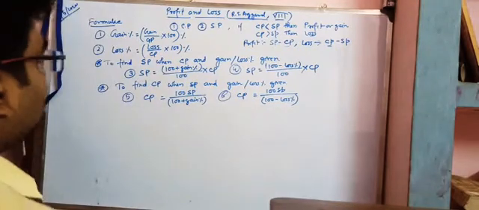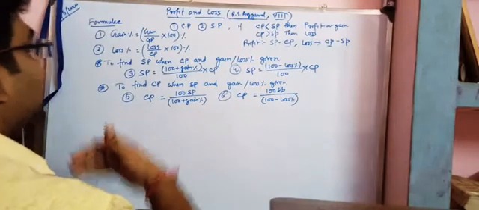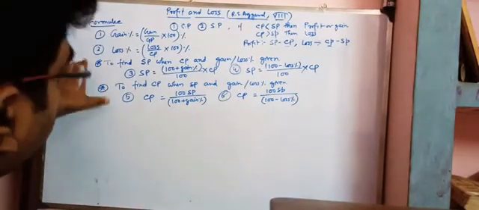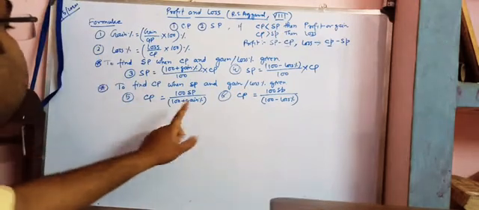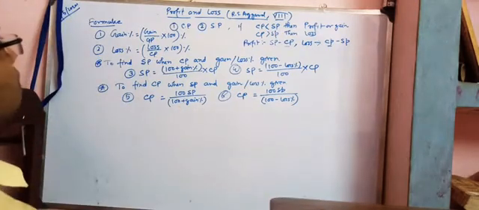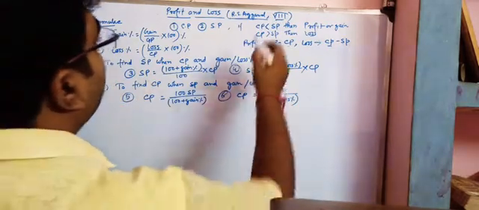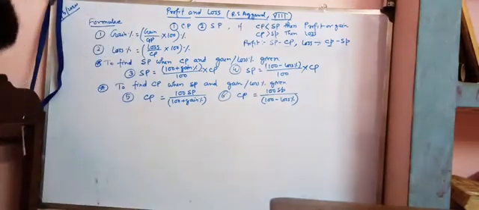That is also possible, but the math would be too lengthy in that process. So I suggest you remember these six formulas, so that you can better understand the chapter and do the math more effectively.